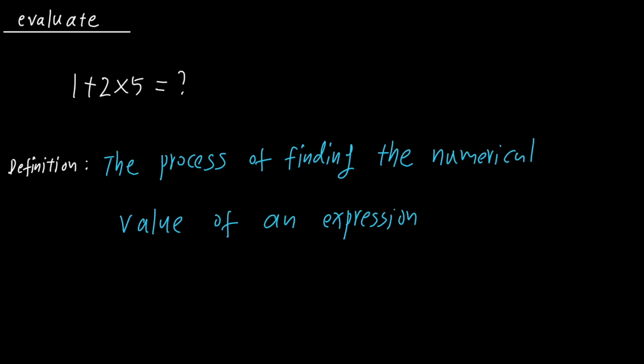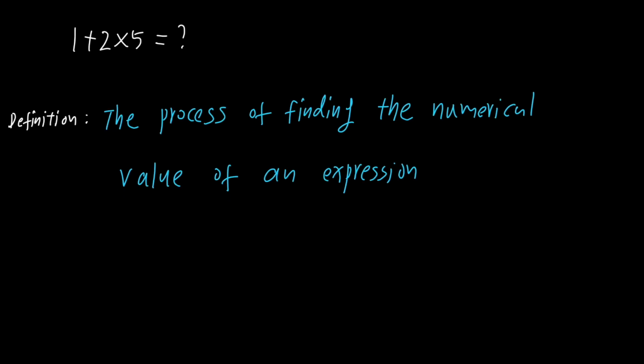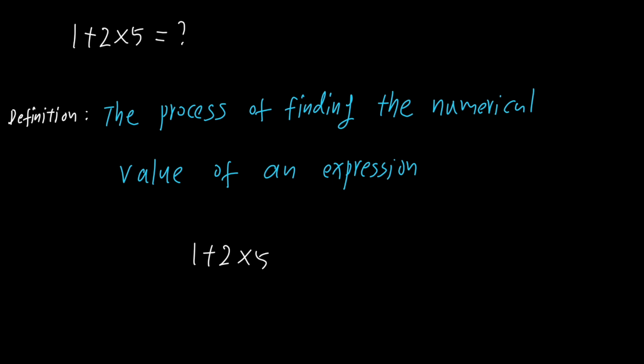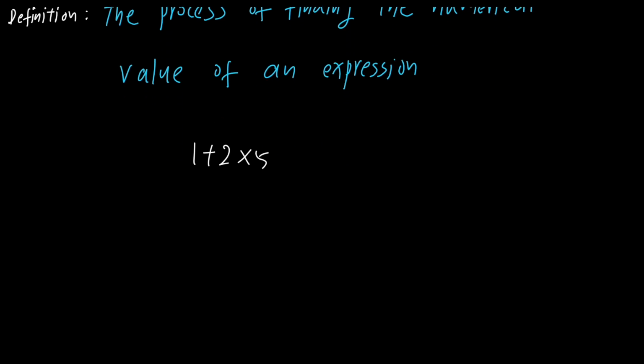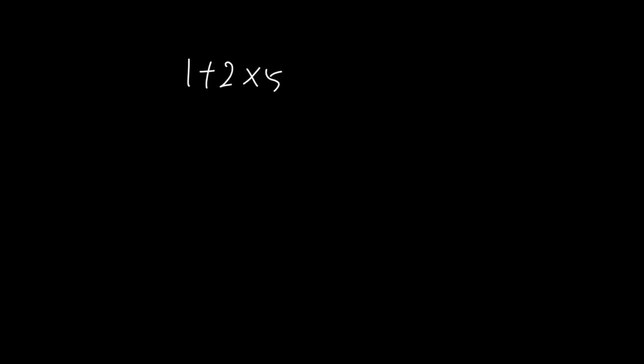Let's say we still want to use this expression. I want to calculate it. But how do we calculate it? Do we start from left or do we start from right? We don't know yet, right? But we can try the different methods.